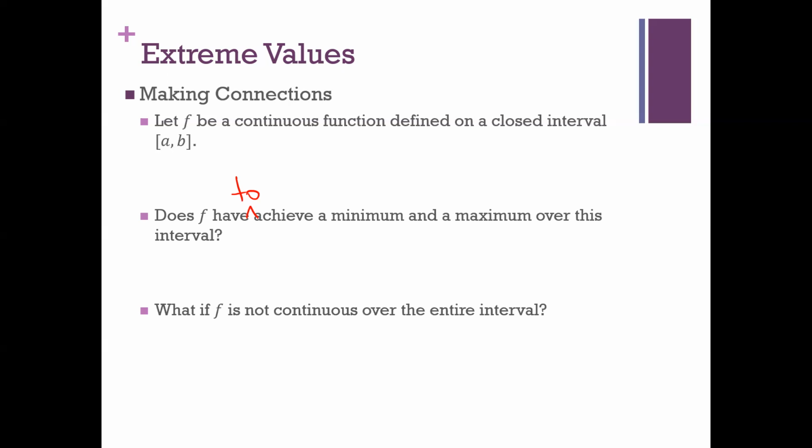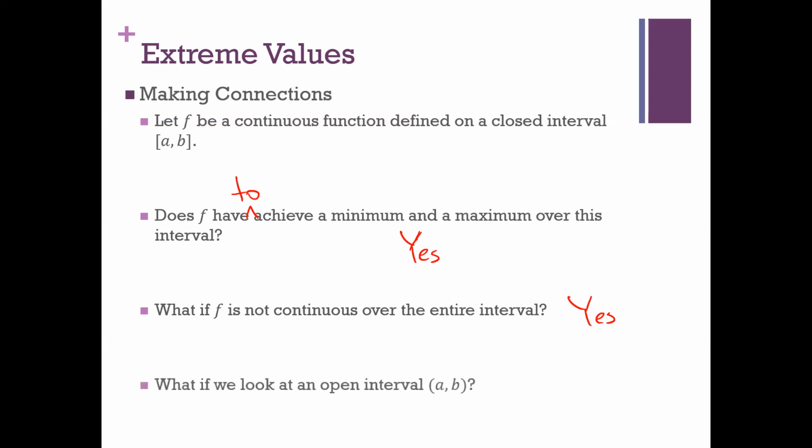Do those maximum and minimum points still have to exist if the function is not continuous? Yes, it would still have a maximum. So we're saying yes on the second one too? Okay.